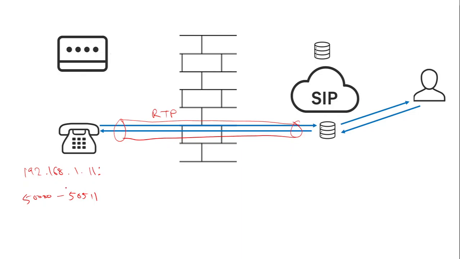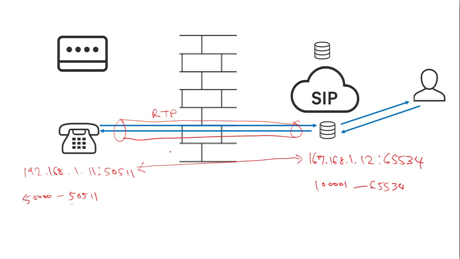Let's say it picks port 50511, so it's going to use port 50511 here, and here we are going to have the media IP address, which is probably 167.168.1.12, and it's also going to select ports from 10,001 up to 65534. Let's say it chooses 65534. So these two should be able to talk to each other through the firewall.